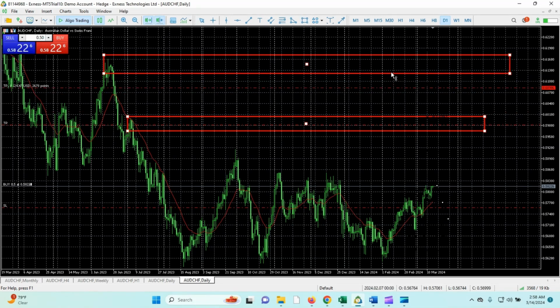Remember, this is a game of waiting. We need to be patient. For price to travel from this zone to this zone, it will take up to 11, up to 2 weeks.